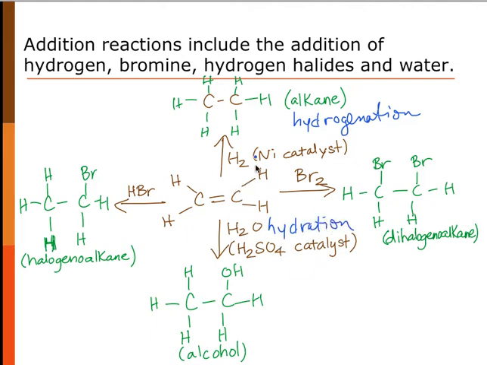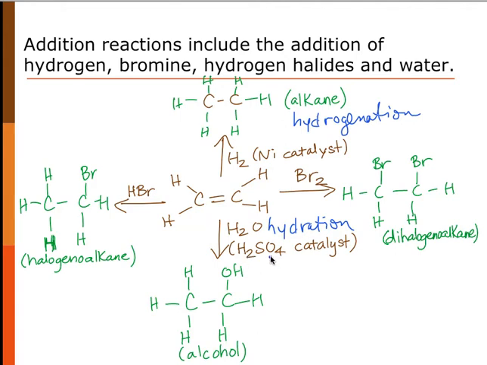I organized it this way, or borrowed somebody else's organization, Dr. Carrier's, because I think it makes sense and it helped me remember the catalysts. Hydrogen is the first thing I start with, and it's a nickel catalyst. And then the things top and bottom, hydrogen, smaller than water, so water goes on the bottom, making the hydration.